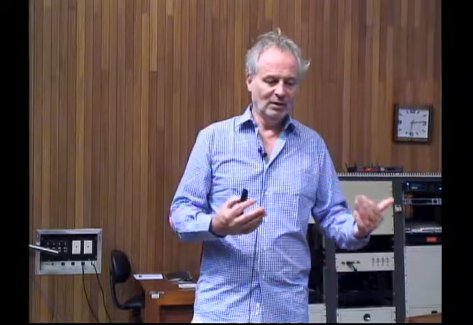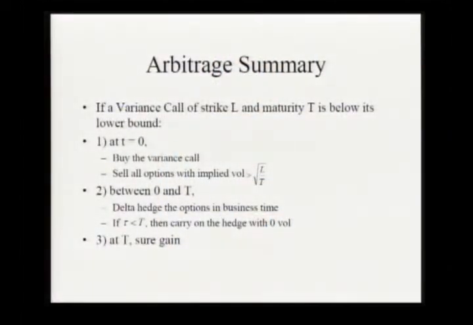Again, that's always the art of the arbitrage. It is to transform a mathematical relationship which is true on average into something which is valid pathwise.